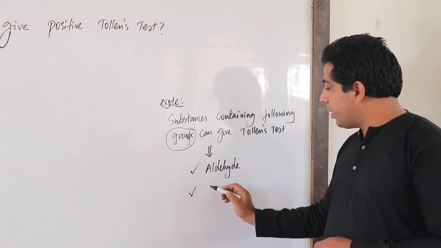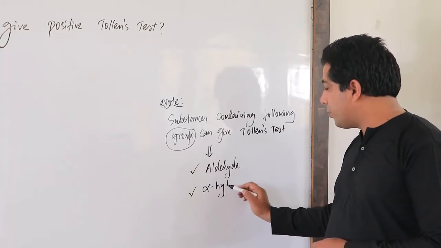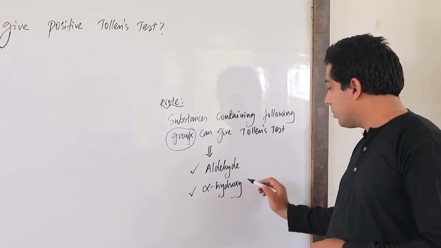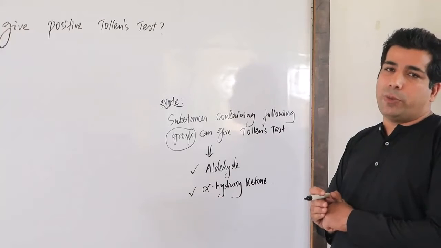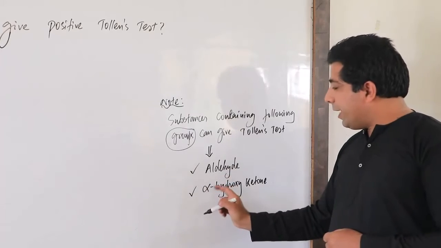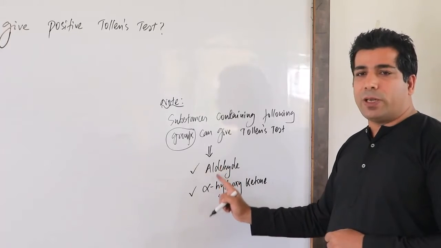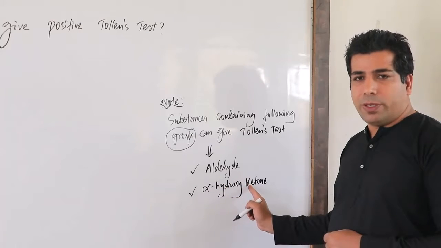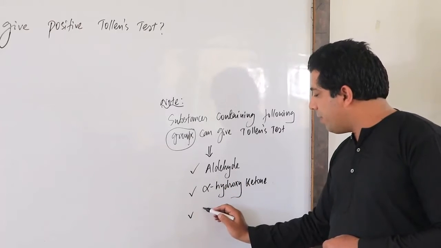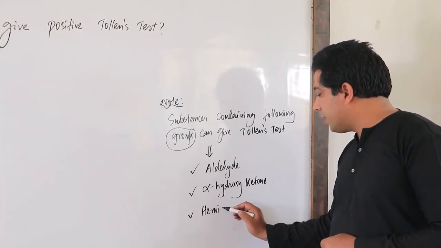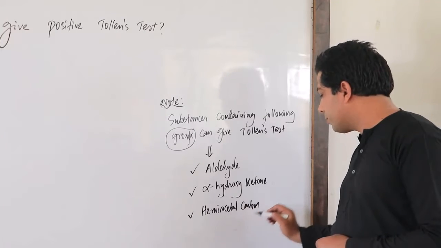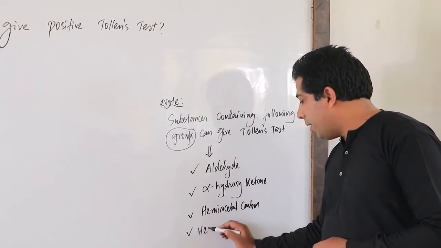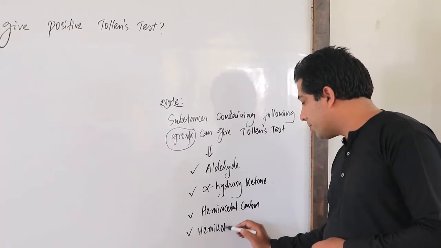A substance should have alpha hydroxyketone or alpha hydroxyketonic group. Okay, so if any substance has aldehyde group or alpha hydroxyketonic group, or it may have a hemiacetal carbon, or it may have a hemiketal carbon.